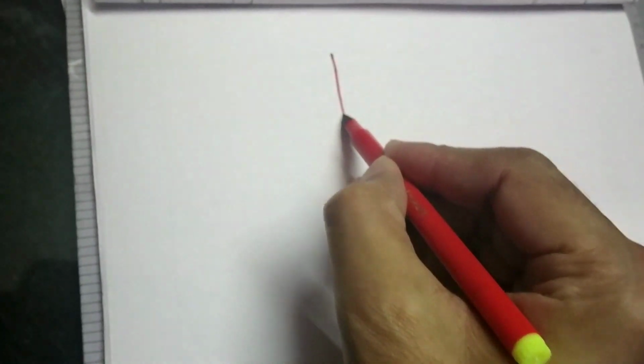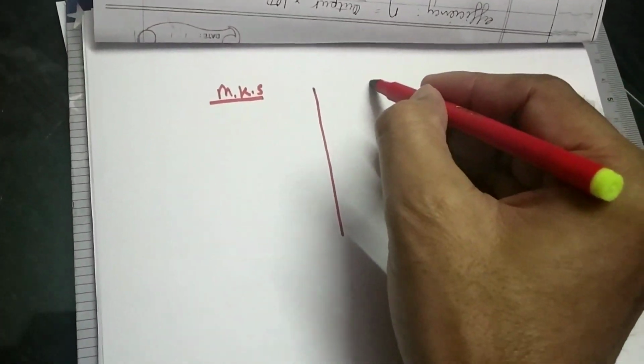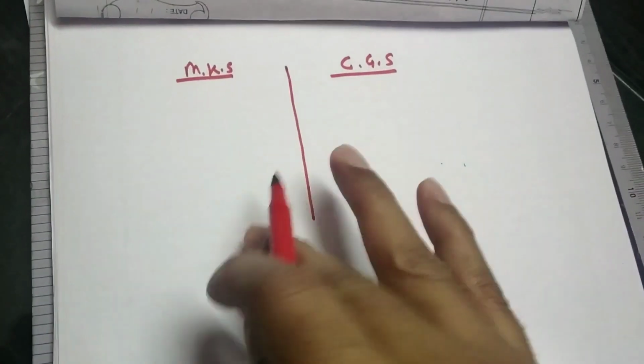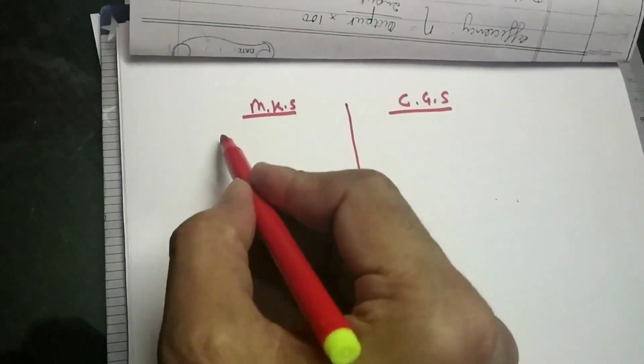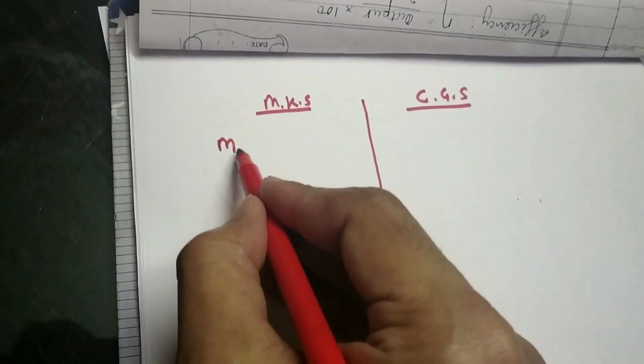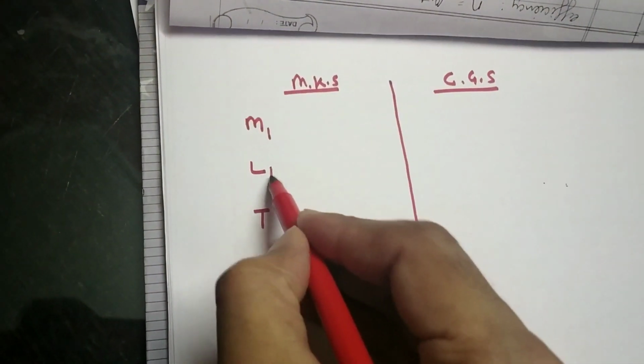So first of all, we will discuss the common steps. Any quantity we can change from one unit system to another unit system. Suppose we are converting MKS to CGS. In MKS, the basic values, the fundamental quantities, we will write M, L and T. So here we are taking M1, L1, T1.